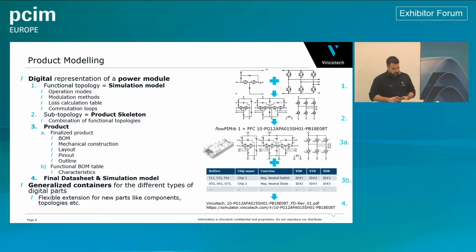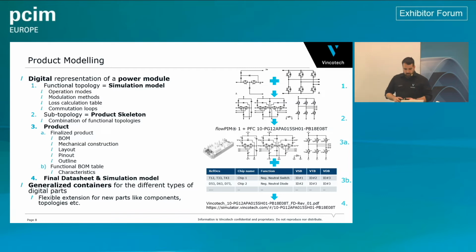We separated the modeling into different stages, so we defined simulation models. We call them functional topologies. Here you can see an AMPFC and a six-pack model. From these blocks, we can construct a complete subtopology like a three-phase AMPFC and the six-pack additionally.